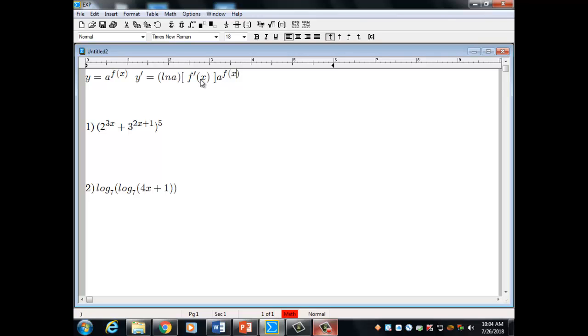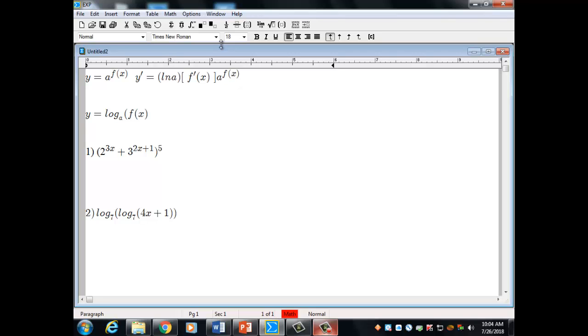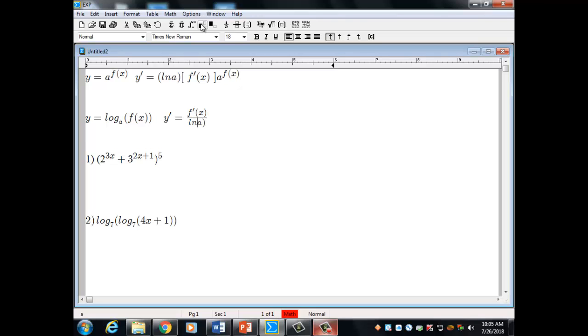Does that make sense? And we also said that if we had y equals log base a of f of x, what you would get for that is y prime is equal to f prime of x over ln a, and then whatever this piece was would copy and paste from here to the bottom.